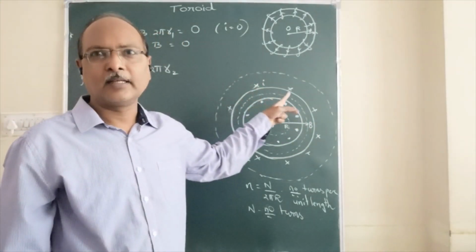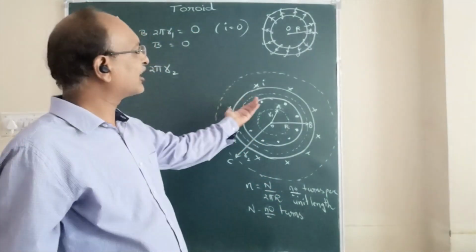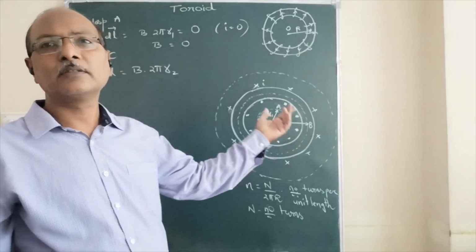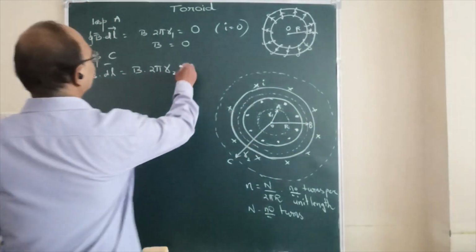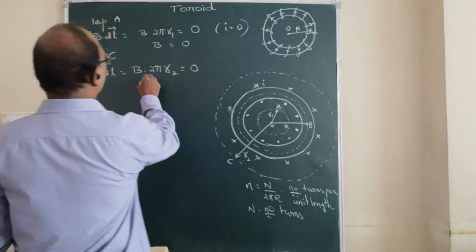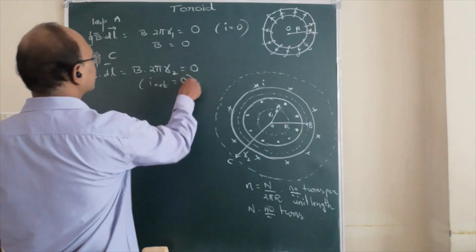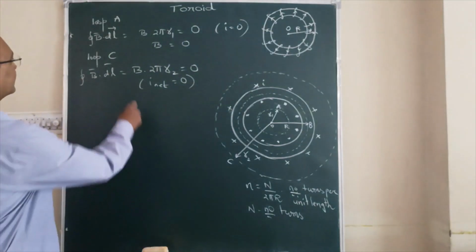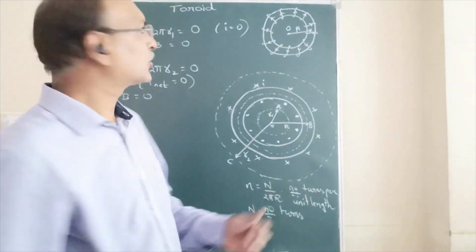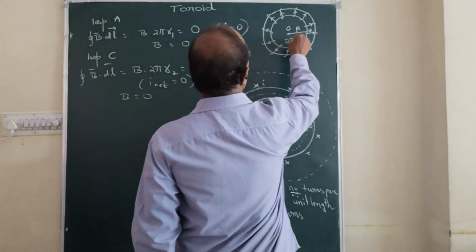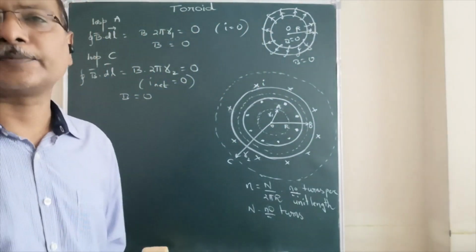And the number of currents entering is equal to the number of currents coming out. Therefore, the net current will be 0. So here again this is 0, because the net current will be 0. So that means B is equal to 0 outside also. So completely inside B is equal to 0 and completely outside B is equal to 0.